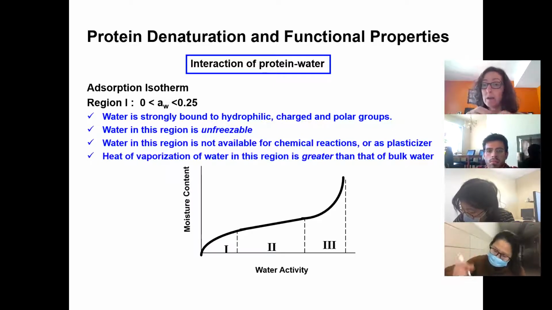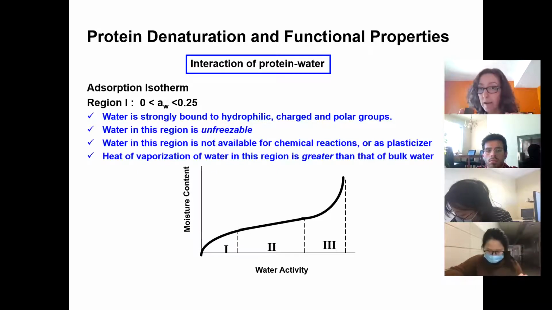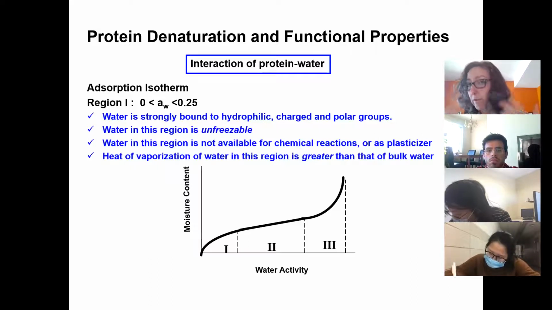This water is unfreezable, which means it won't freeze. Once it's bound strongly to the protein, it won't form ice crystals. It's also not available for solubilizing solutes or chemical reactions. And you require more heat to evaporate it than the unbound water, the bulk water or free water.